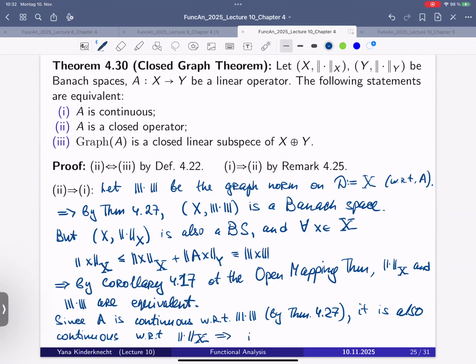So we have shown that A is continuous with respect to the original norm. And that's it.